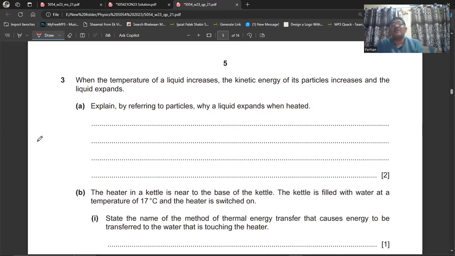They hit each other with more force and push each other away. The distance between the particles increases, and the effect of the attractive intermolecular forces is less on the faster moving particles. That's why the liquid will expand.